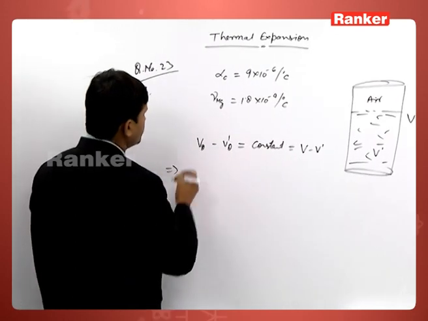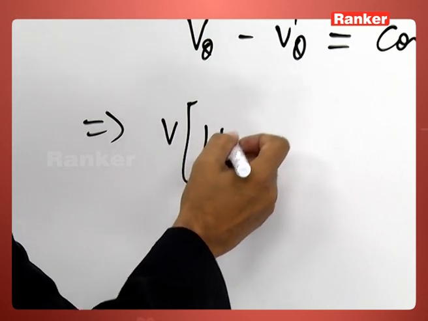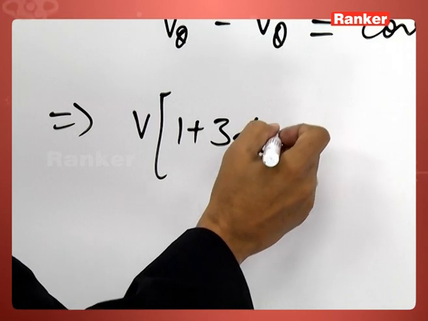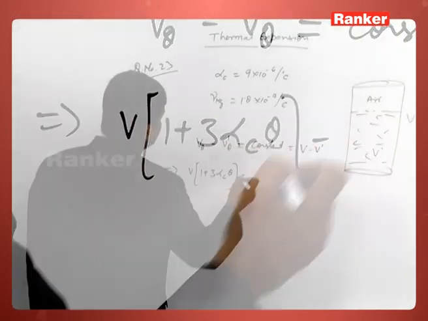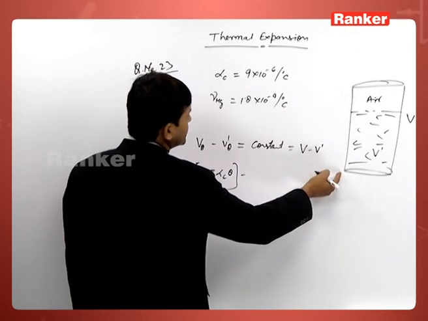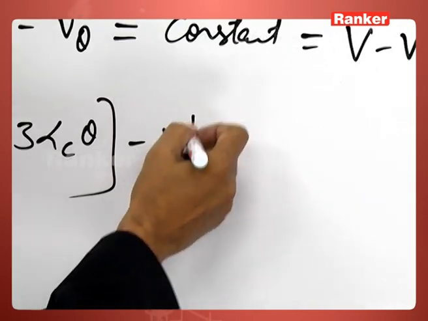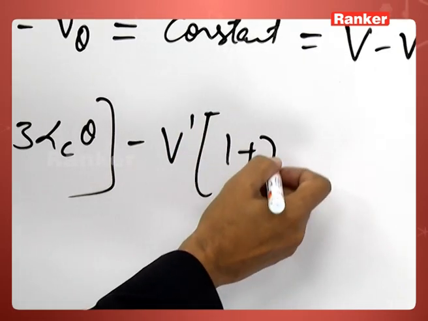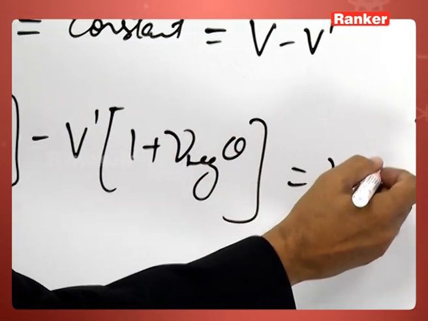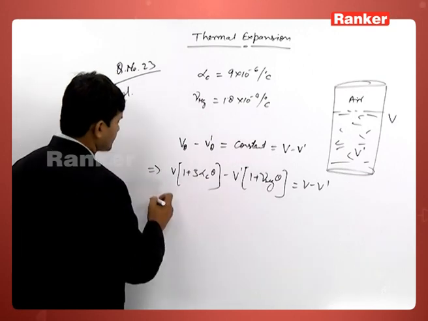V theta means V into 1 plus 3 alpha C into theta, minus V theta dash. V theta dash is the volume of mercury, which is initially V dash, into 1 plus gamma of Hg into theta, which equals V minus V dash. V minus V dash will cancel.